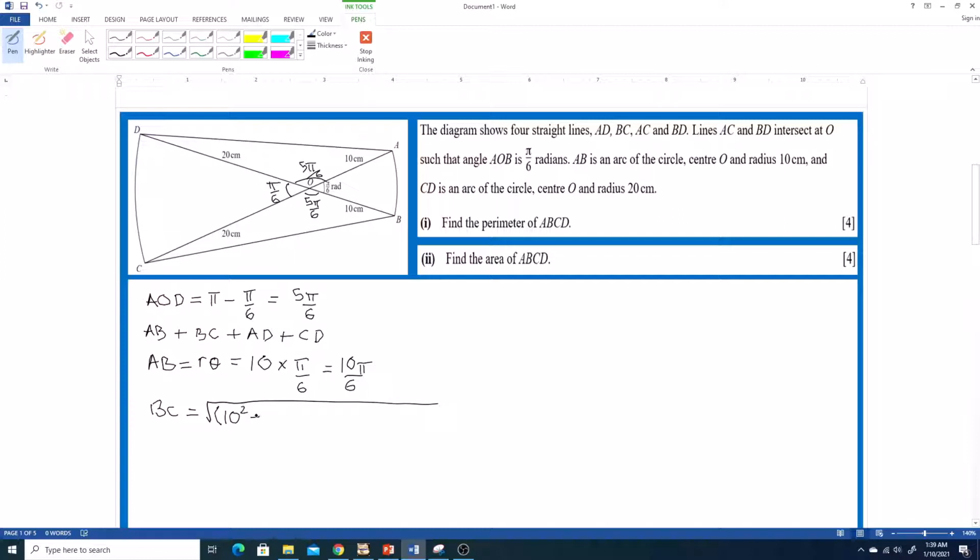The other side is 20, so I'll do 20 squared minus 2 times the first side, which is 10, times the second side, which is 20, times cos 5 pi over 6. Now since I want to do it in one step in my calculator, I'm going to add brackets here and there.